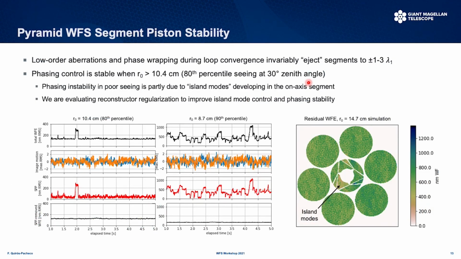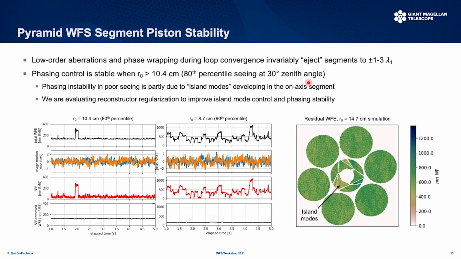Some final comments on the pyramid wavefront sensor segment piston stability. We know that at bootstrap, the presence of large low-order aberrations and the phase wrapping during loop convergence will invariably eject segments that will be recovered by the second NGWS channel, and once that is done in steady state, phasing control will remain stable as long as the seeing conditions remain also relatively good.